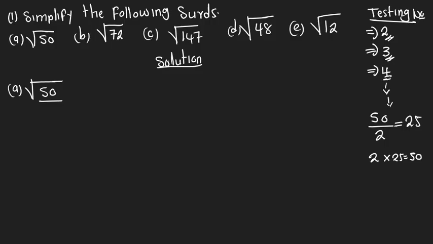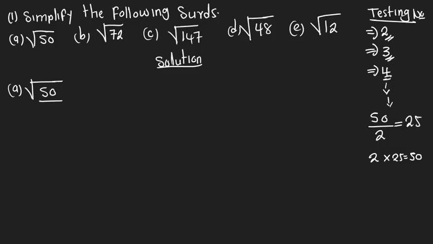So now, the number which you are going to put into 50, how is it going to help you? It is going to help you because you will be able to break down the 50. The key is to break down what is inside. So let's break down what is inside. Can 2 go into 50? Yes.